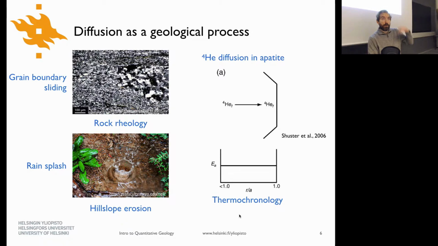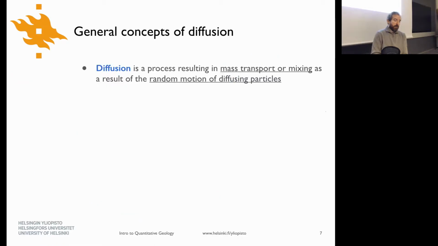We'll talk about thermochronology later in the last 2 weeks of the course, but this diffusion process also comes up at the crystal scale, as well as things like heat conduction. So if we talk about conducting heat in the Earth, that's basically a diffusion process.